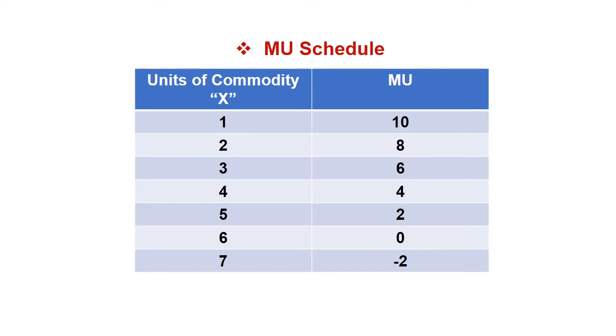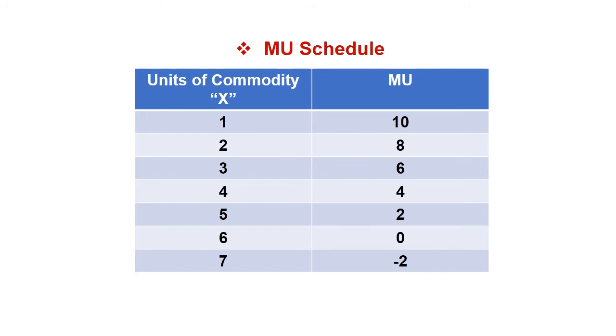So with the consumption of each additional unit of commodity, marginal utility goes on falling. When the consumer consumes the sixth unit of the commodity, marginal utility becomes 0. And finally, when the consumer consumes the seventh unit, marginal utility becomes negative. So what is the important observation of this marginal utility schedule?